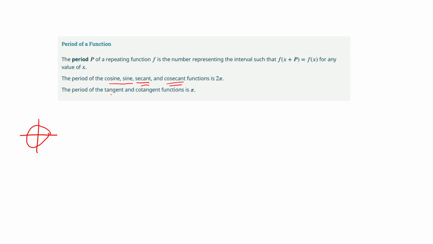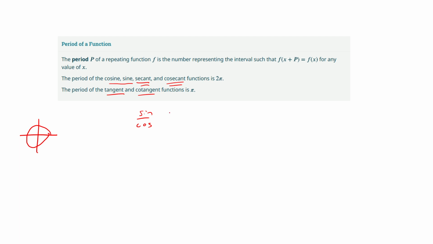But now look what happens here. They're telling us that tangent and cotangent repeat sooner. Well, that's true too. If you notice on your unit circle, because of the nature of tangent being sine over cosine, we start seeing repeats halfway around. After we get through half, notice that the values of tangent on the bottom are the same as the values of tangent on the top.